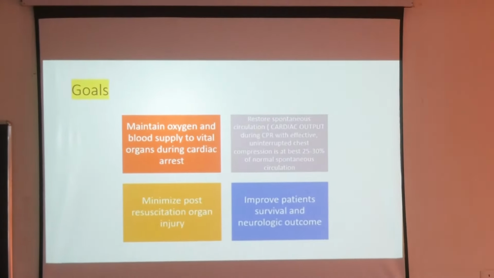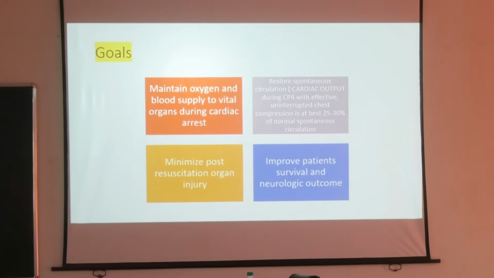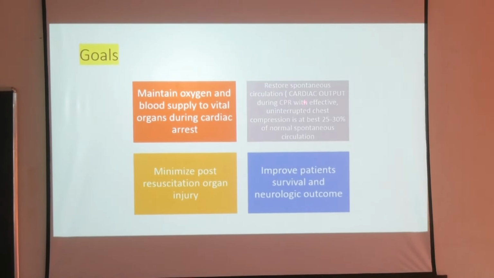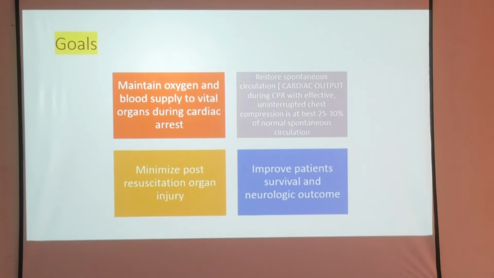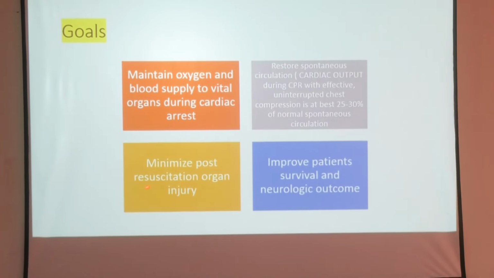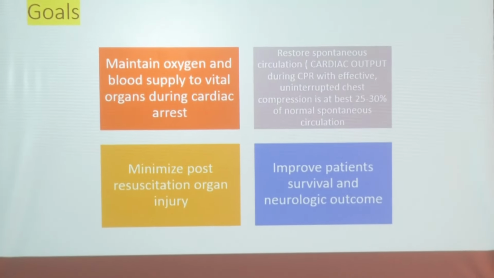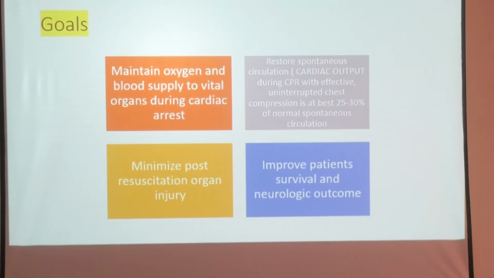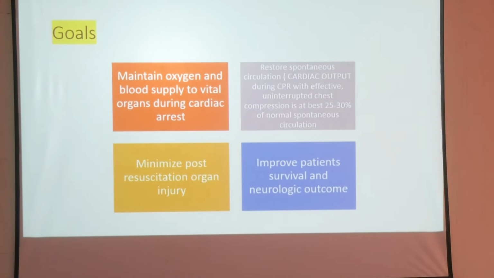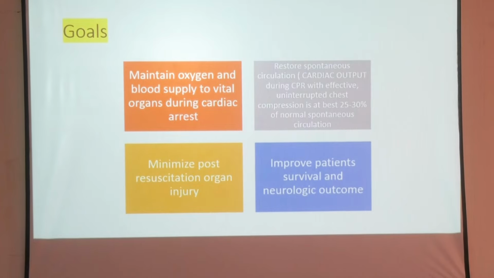Okay, so the first goal is to maintain oxygen and blood supply to vital organs during cardiac arrest. This is mainly the brain. Next is restore spontaneous circulation. I am coming to that. Minimize post-resuscitation organ injury. Suppose a patient suffers borderline 1 minute 45 seconds, there may be some injury, and if the patient is of old age, there may be more injury.